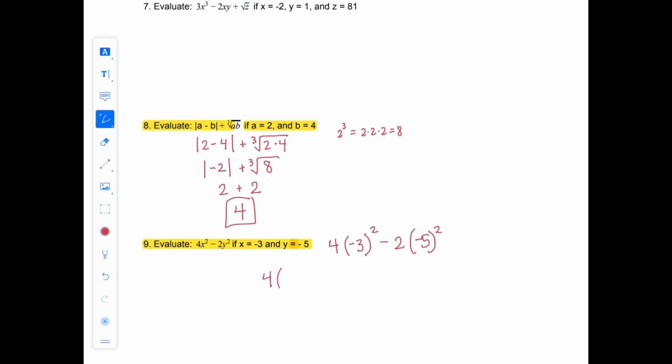So we've got 4 times -3 squared is -3 times -3. That's 9. So now I have 4 times 9 minus 2 times, I'm on the exponent, -5 times -5. A negative times a negative is a positive. So that's 25.